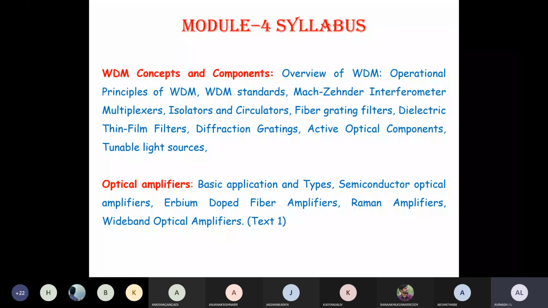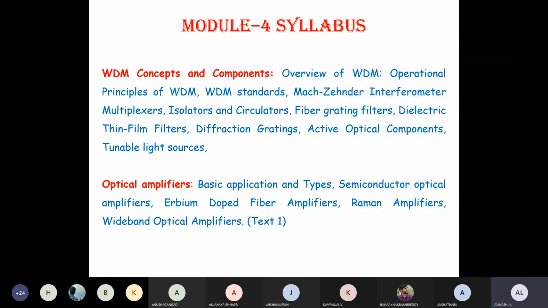The topics are the overview of WDM, operational principles of WDM, WDM standards, the Mach-Zehnder interferometer, multiplexers, isolators and circulators, fiber grating filters, dielectric thin film filters, diffraction gratings, active optical components, and tunable light sources. These are what we are going to discuss with respect to WDM concepts and components.